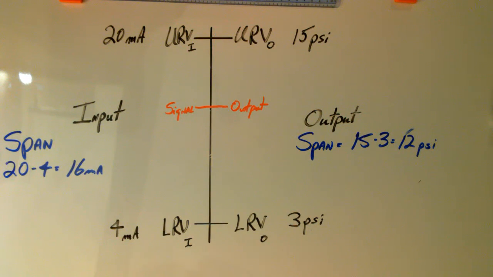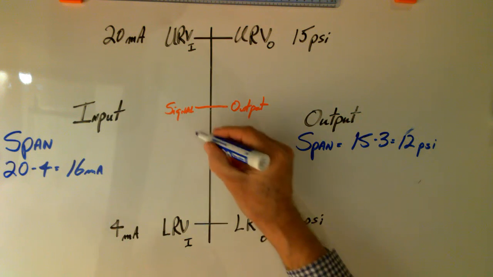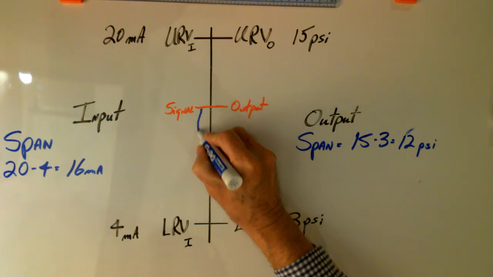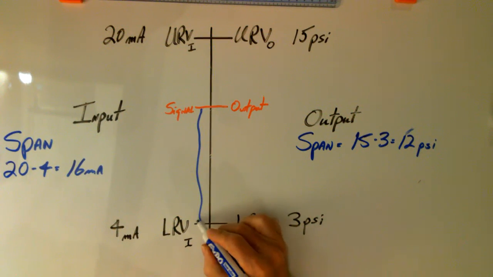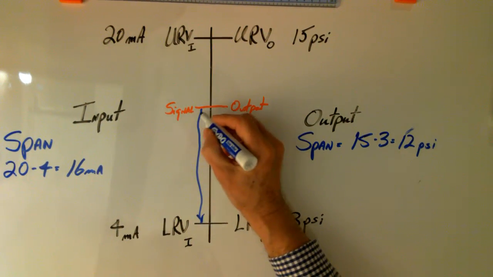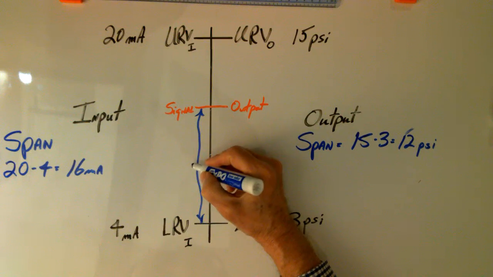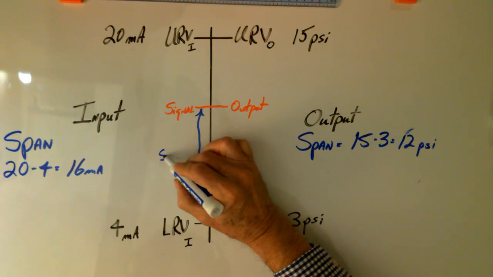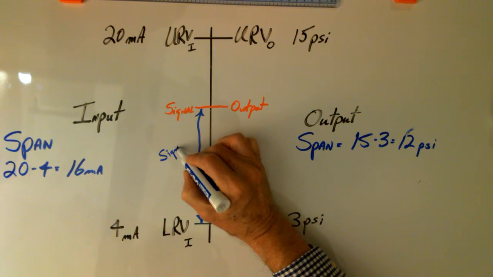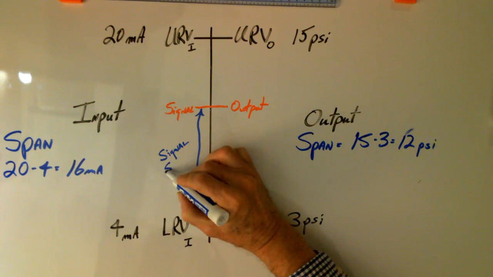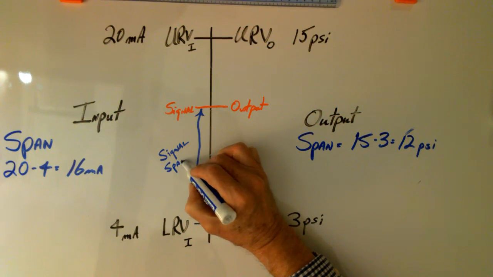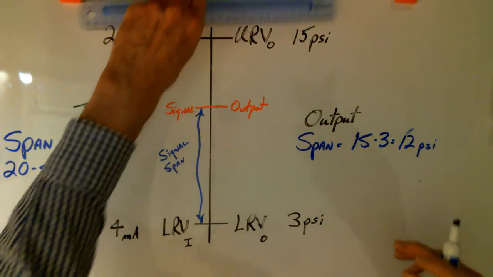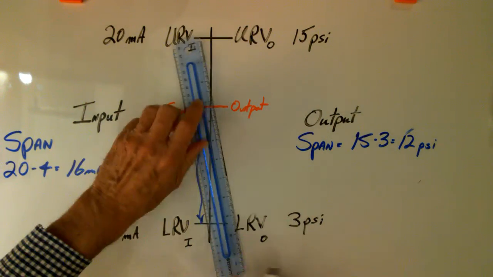So, if you don't mind, we'll do this. Boy, I do need a straight edge, do I not? This is the span of the signal. Okay, let me try to do that a little bit better. See if I can make myself a little bit neater.